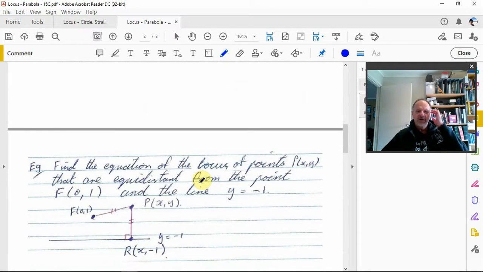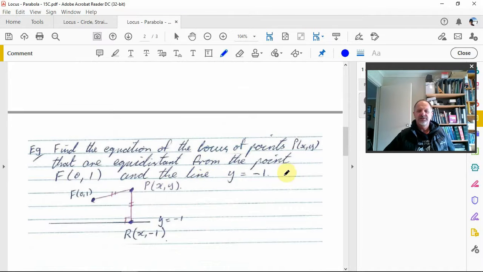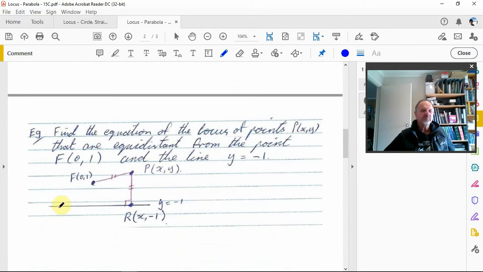So let's have a look at an example. It says here, find the equation of the locus of the points P that are equidistant from the point F, which is (0, 1), and the line y equals -1. So here I've just drawn a bit of a sketch. We've got our directrix, the line y equals -1. We've got a point on it, and it would have some x value, but its y value is -1, because it's on the line y equals -1.